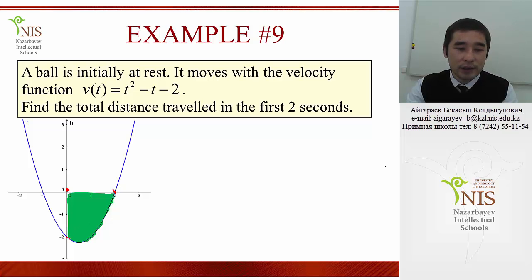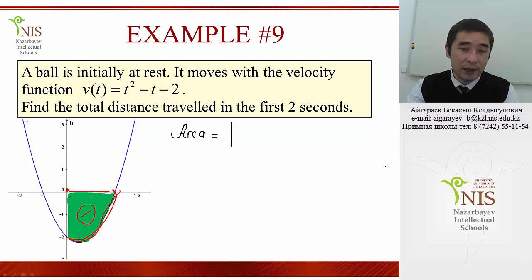My function is this one, and the area between the x-axis and my function is the green shaded one. As you know, if it is below the x-axis, it will be negative, so I have to take the modulus.